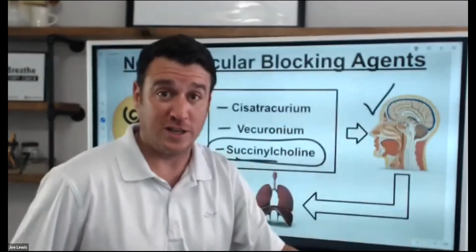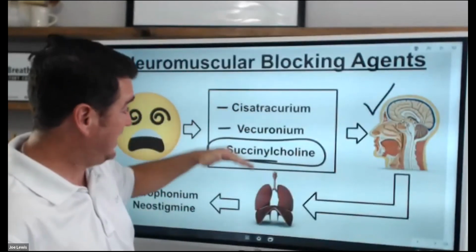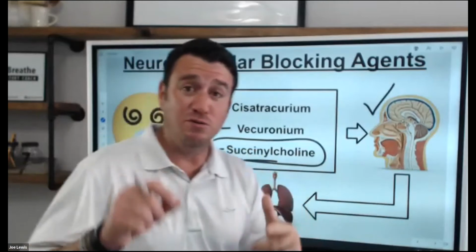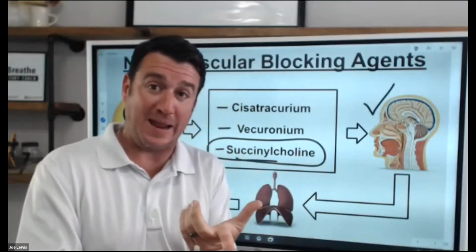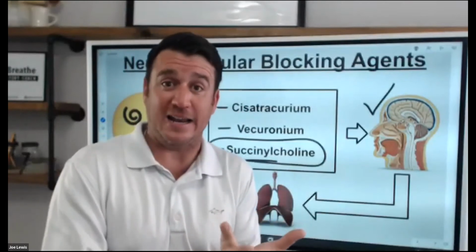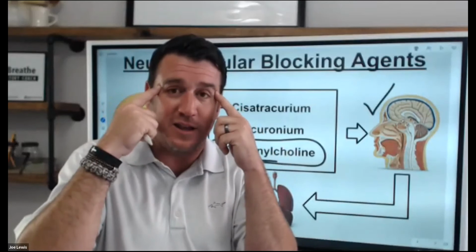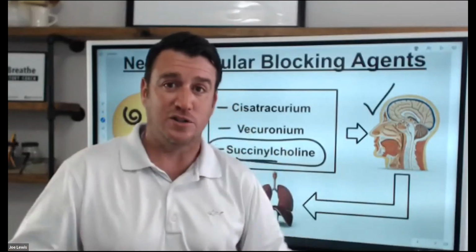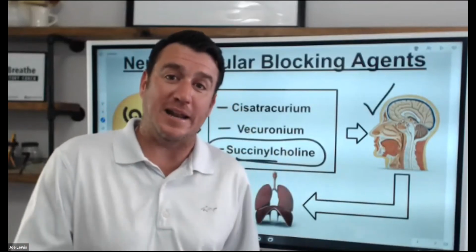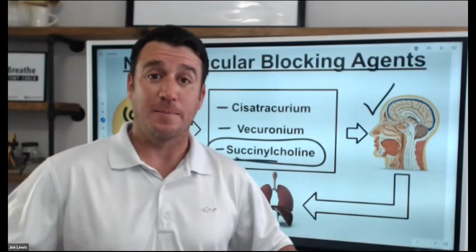In other words, if you give a patient neuromuscular blocking agents, any of these, and you do not properly treat their pain or potential pain, nor their anxiety or their sedatives, they essentially will be freaking out in their head, trying to breathe, but completely unable to because their skeletal muscles are paralyzed.